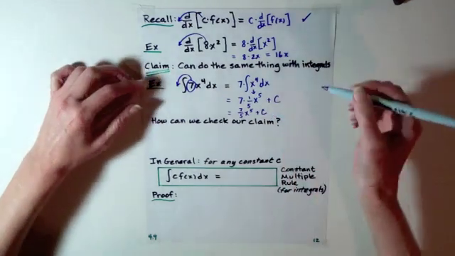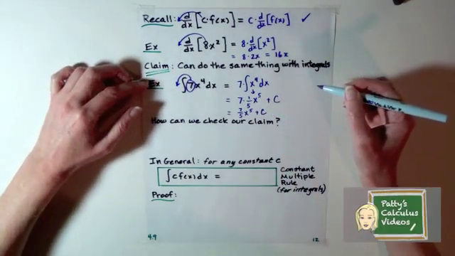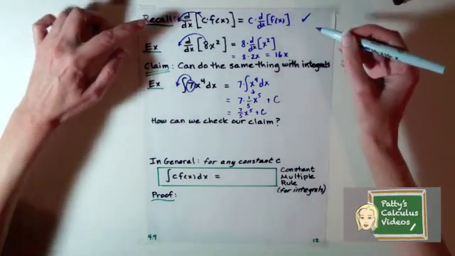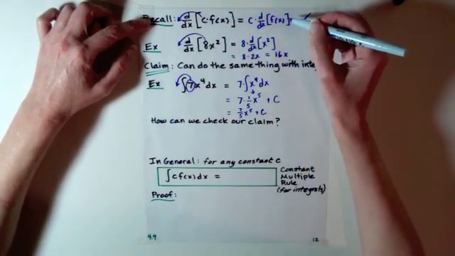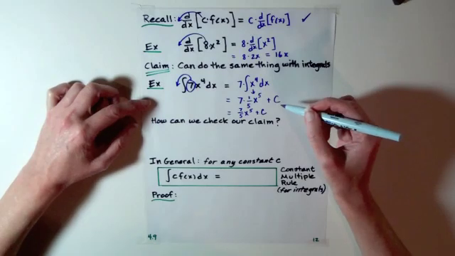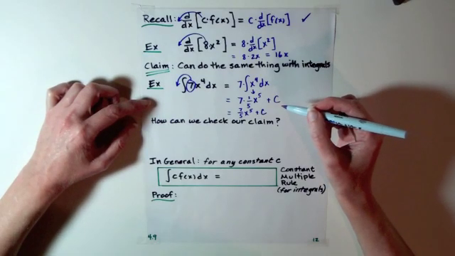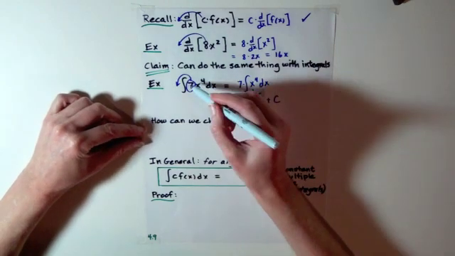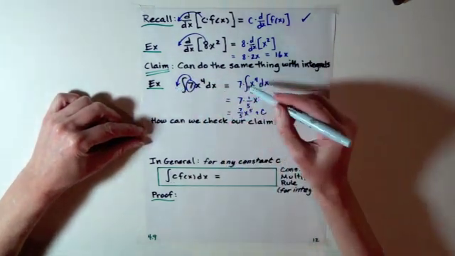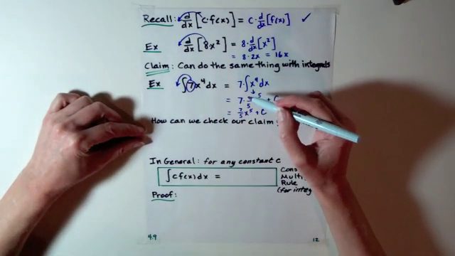Well, I just told you that we were allowed to do that for integrals. I haven't proved it for integrals. Back when we were doing derivatives, we proved this rule works when you're taking a derivative. We haven't proved it for antiderivatives yet. So the question becomes, how can I check this claim that I'm allowed to just pull this constant multiple outside of the integral sign?